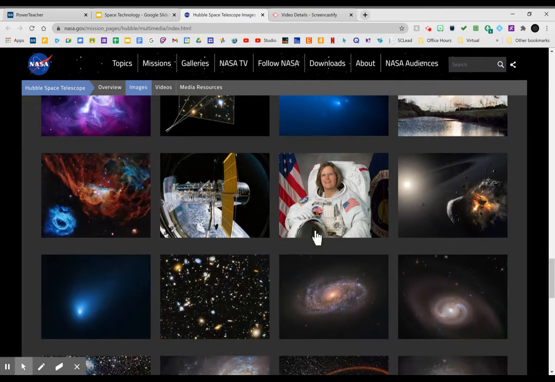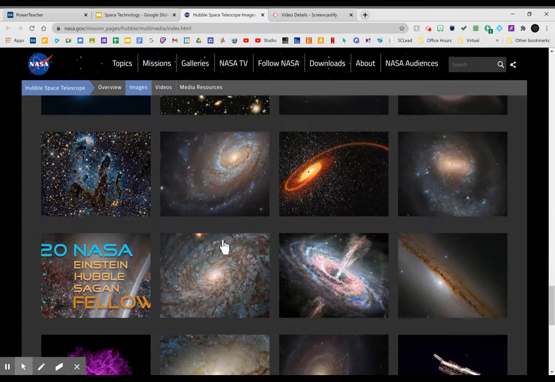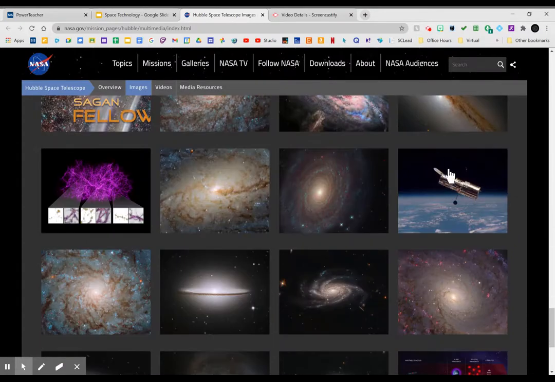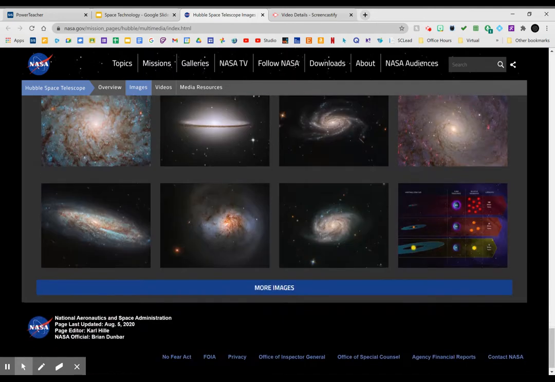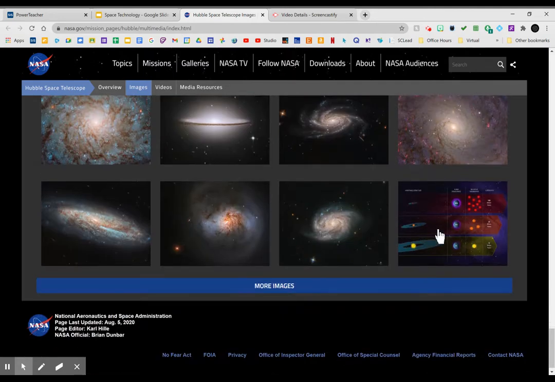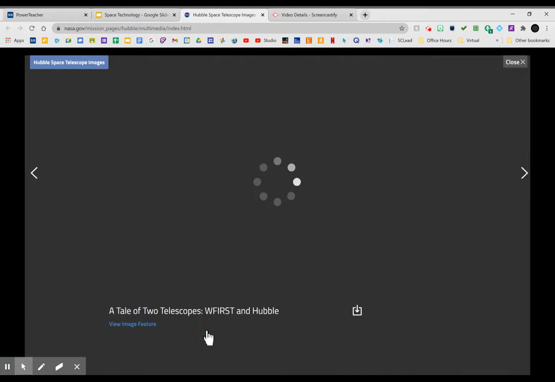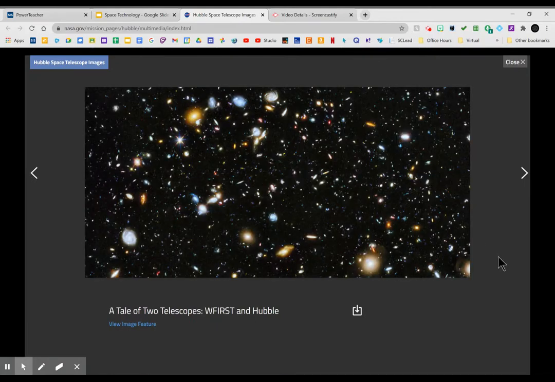And some of them are people that have worked on Hubble or gone to the International Space Station. That's a picture of Hubble itself. It's probably taken by something else. But a lot of these are pictures from Hubble, and some of them are pieces that explain what you're looking at. But these are all actual photographs from Hubble, and this one is one of my favorites.